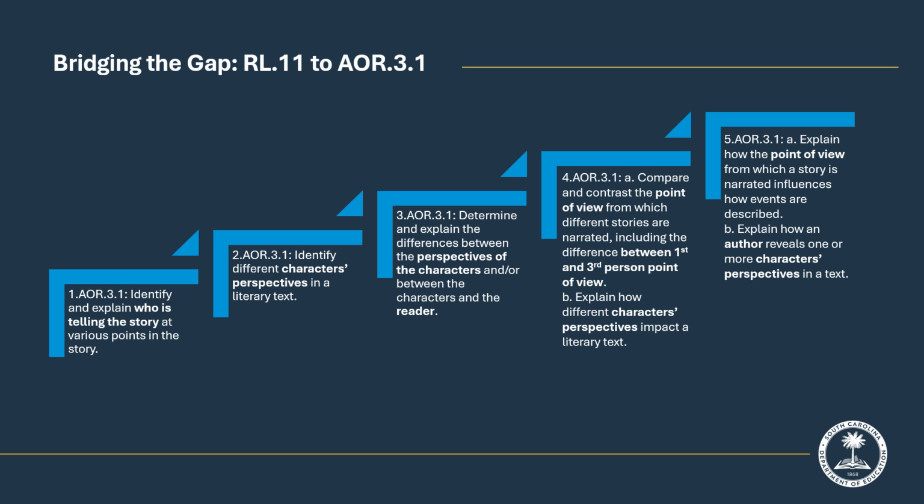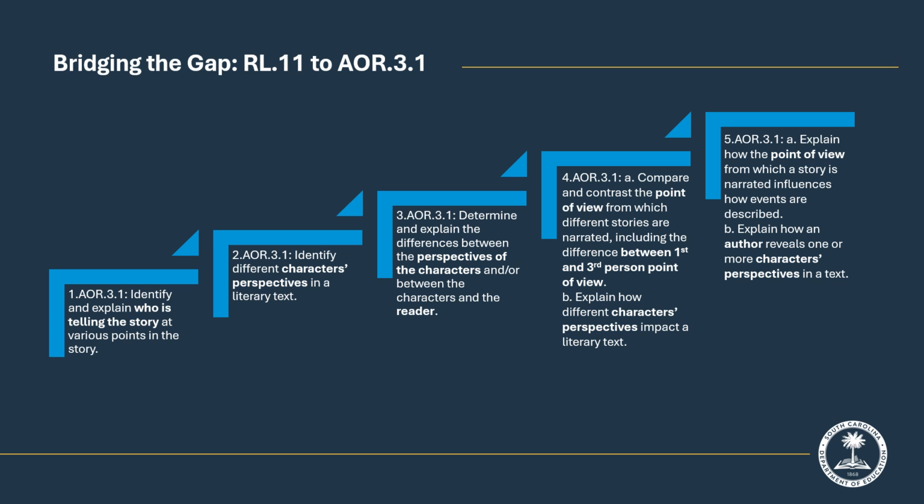In 2nd grade, students are identifying the perspectives of different characters in literary text. The main shift here is that in the 2024 standards, perspective is linked exclusively to character. It is important to remember that a narrator may also be a character in a text.